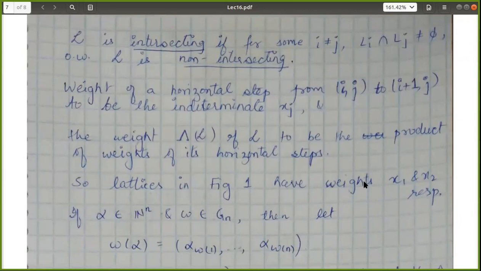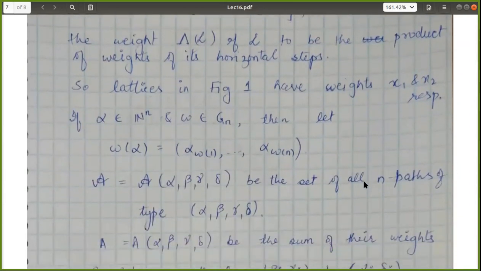So this you have already understood. Now, if you start with an n-length vector alpha and you take a permutation of n elements omega, then let omega be applied on alpha in the most obvious way, that you permute the elements of alpha through the permutation omega.